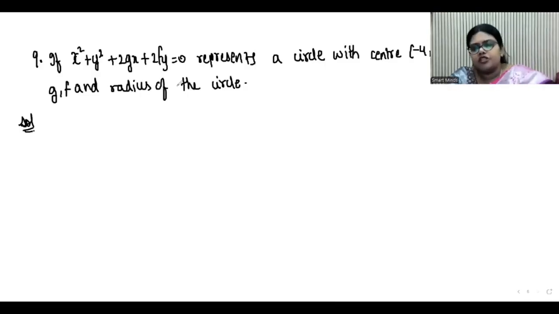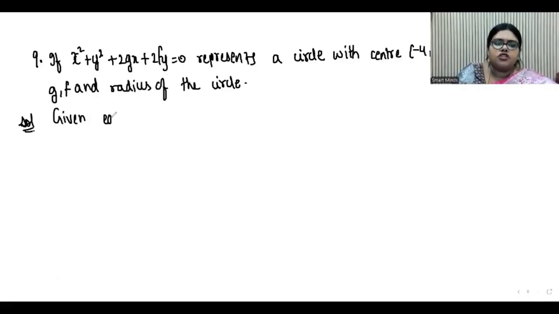Take the next question. If x² + y² + 2gx + 2fy = 0 represents a circle with center (-4, -3), then find g, f and the radius. So first, what is given to us? Given equation is x² + y² + 2gx + 2fy = 0.